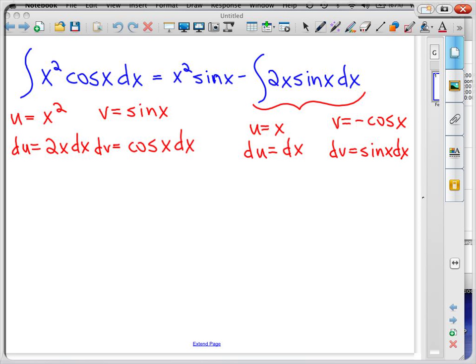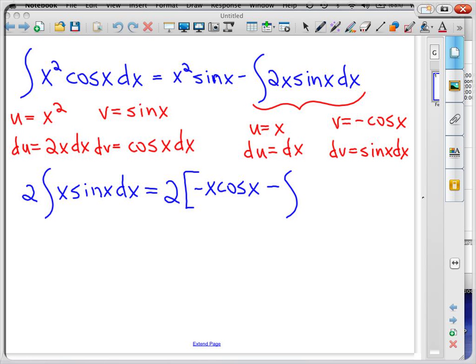If we look at just the integral 2 times x sine of x dx, using our u and v that we did the second time, this is going to be 2 times the quantity, negative x cosine of x, minus the integral of negative cosine of x dx.